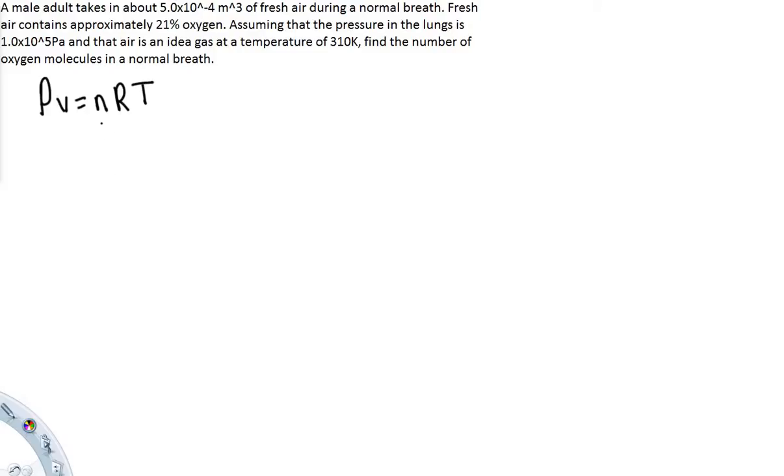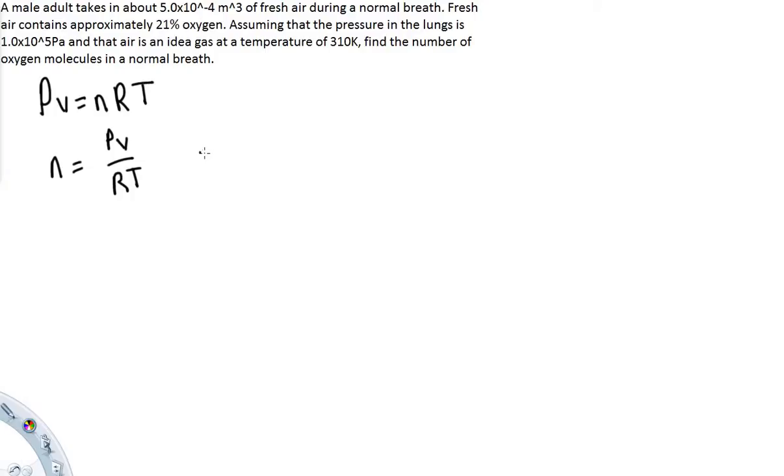What we're going to be solving for at the start of the problem is the number of moles. So when you get n on one side, it will look like PV over RT. And so we'll solve for that because we have these numbers here.